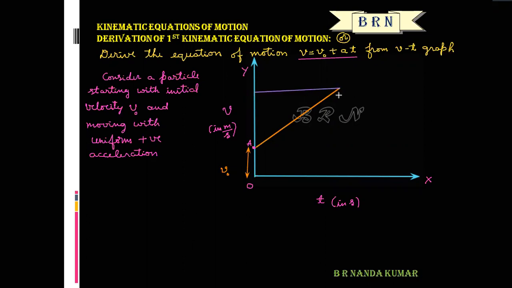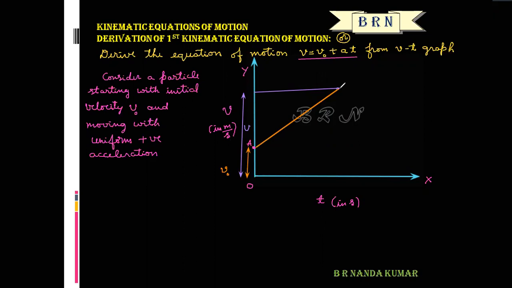Actually, at this point, the velocity of the particle is maximum. From O to this point, this is the final velocity. So this is V. V means the final velocity of the particle. V naught is the initial velocity, so V is the final velocity.